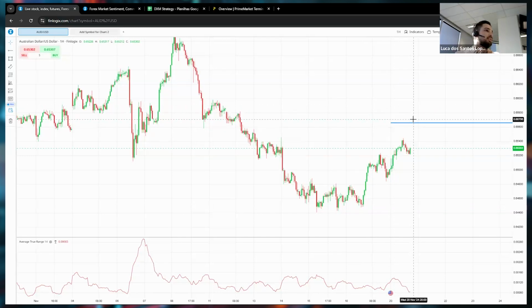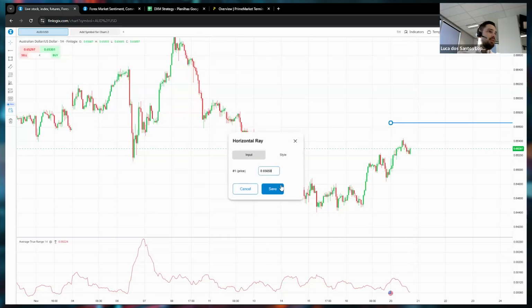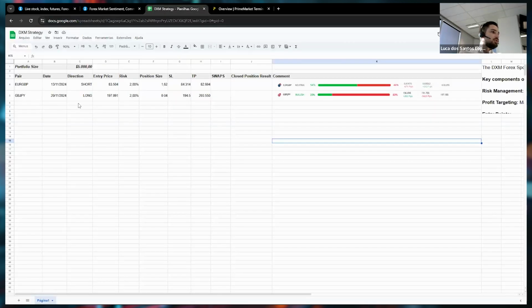We'll place a sell limit on Aussie dollar at the price of 0.65660. Let's have a look. 65, 660. All right, so that's where we're going to be looking. So short.